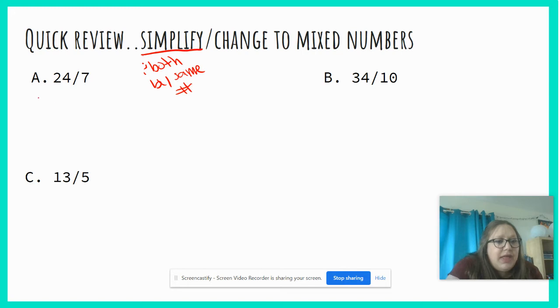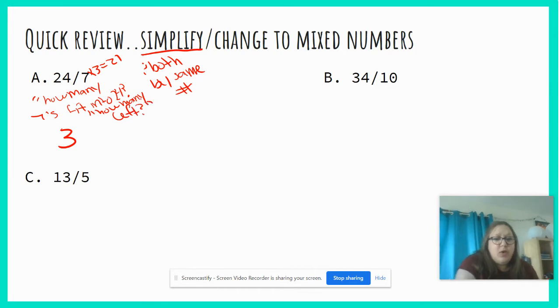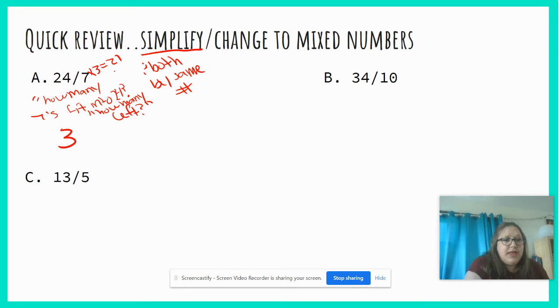What we have to think about is how many sevens fit into 24. And then if I'm counting 7 times 2 is 14, 7 times 3 is 21. So it's going to be 3 times because that's close to 24. And then how many left? So if I'm at 21 and I want to get to 24, that means that there is 3 left to make 24. So then we have 3 sevens left. Your denominator is still your denominator.